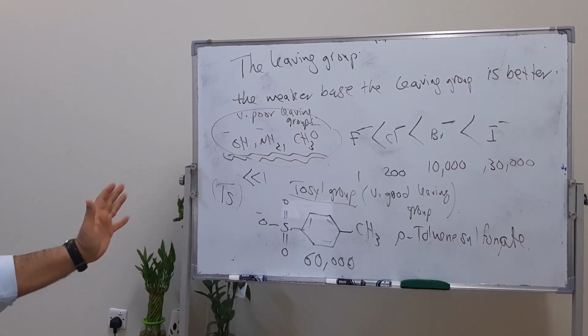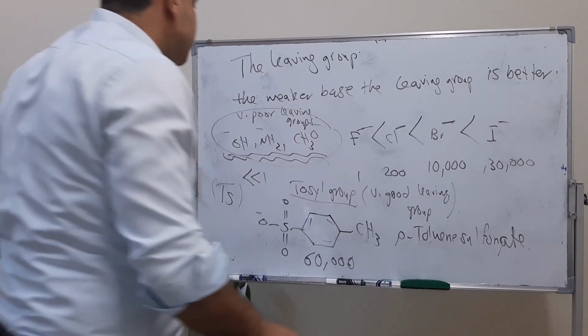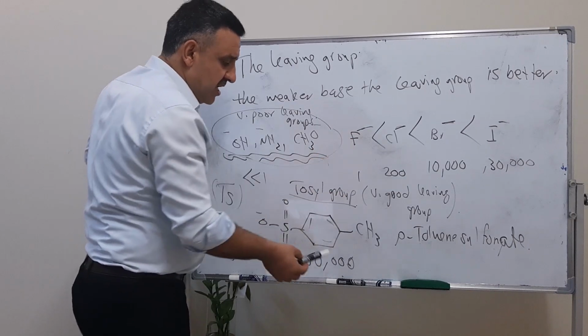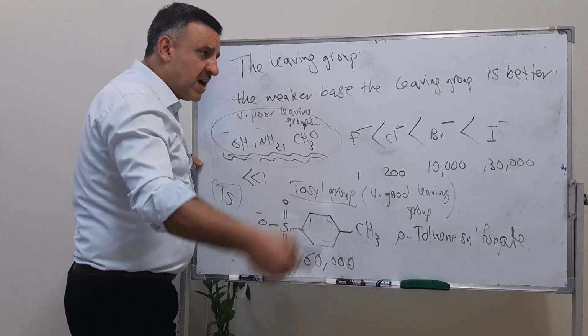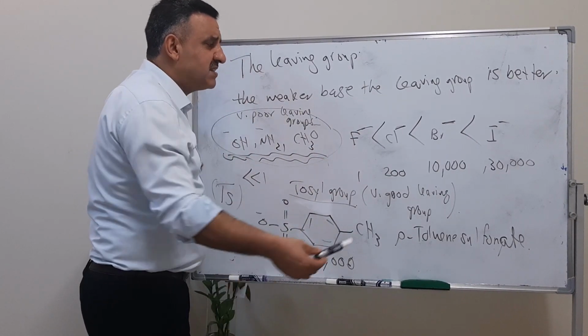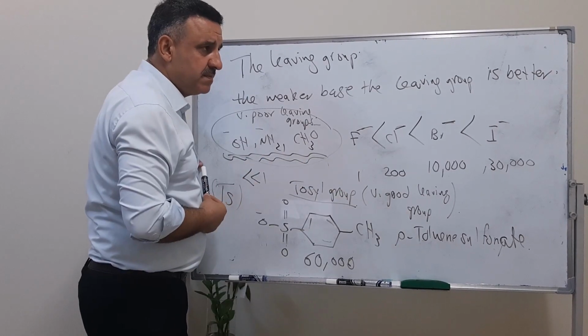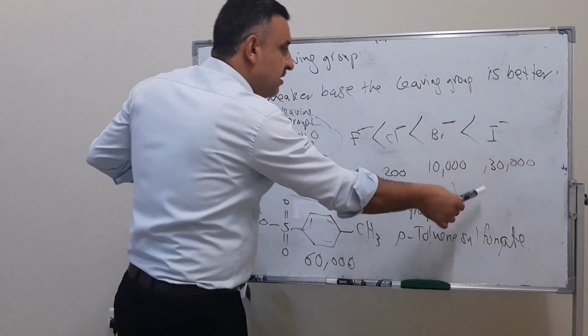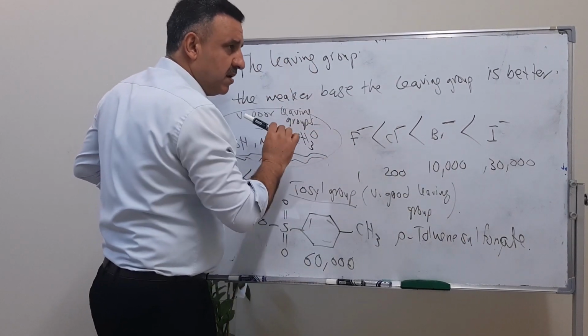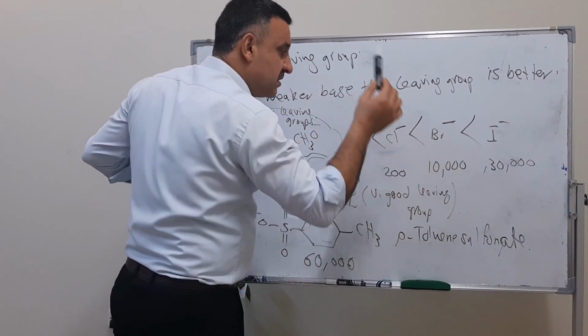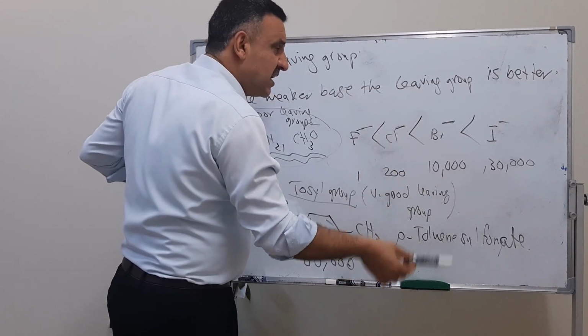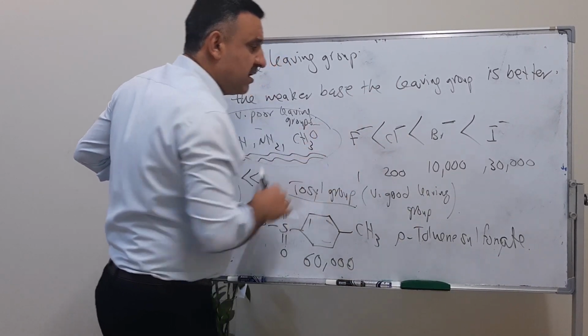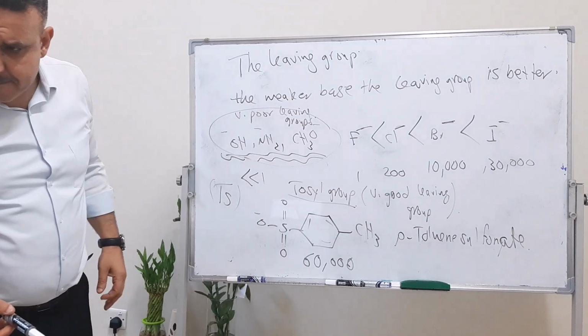If you compare the rate of the reaction of the tosyl to the fluorine, it is 60,000 times faster. The iodine is 30,000 times faster than if you have a fluorine. The bromine is 10,000 times faster compared to the fluorine. You follow me? Clear?